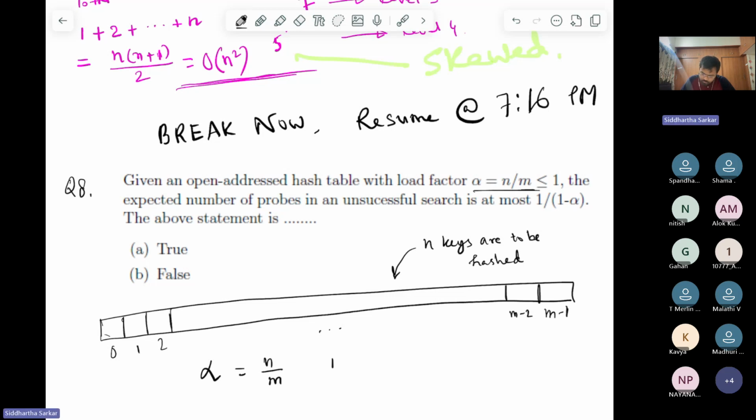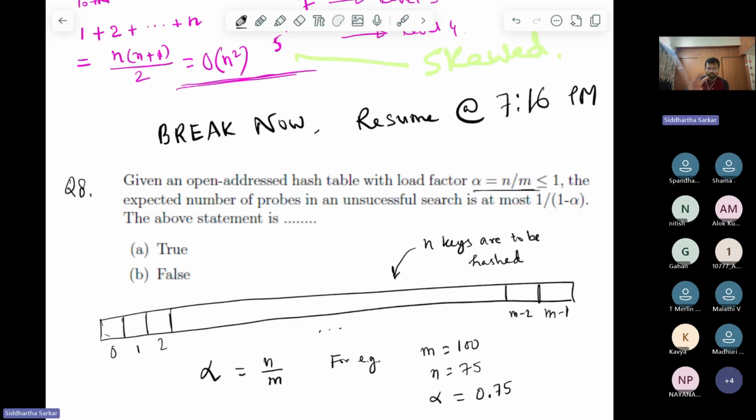For example, if the hash table size was 100 and 75 elements were to be filled, then the load factor alpha will be n by m, 0.75.